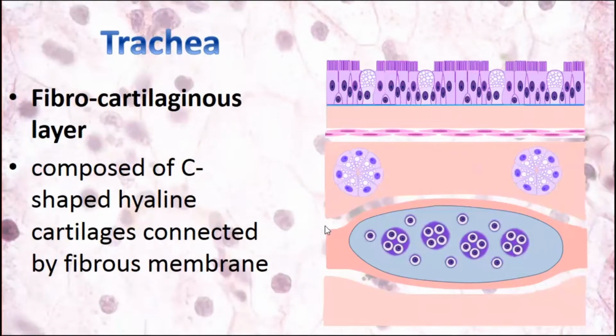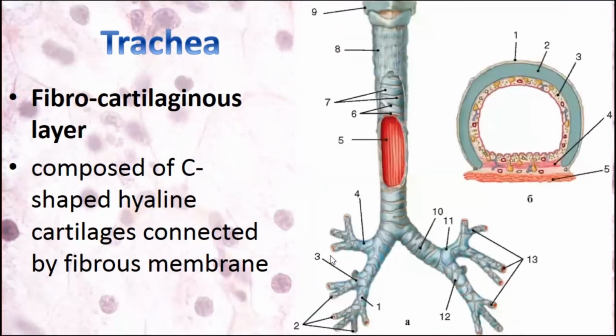The next layer is the fibrocartilaginous layer, and its feature is that it's composed of C-shaped hyaline cartilages, which are connected by a fibrous membrane. Here we can see C-shaped cartilages, and the posterior wall of the trachea isn't cartilaginous. It's soft.